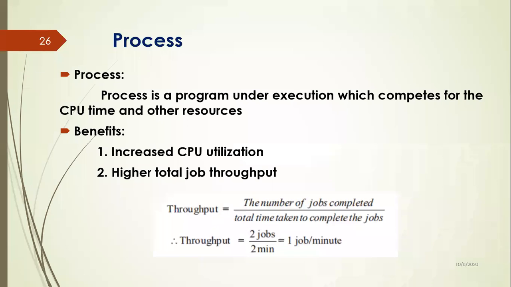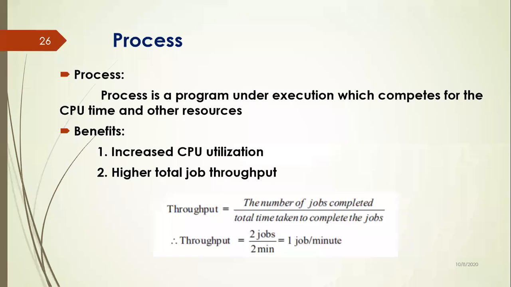Okay, means for example, if one process is running, and during the execution, if it requires some data, or if that process is going to utilize any input output device, then definitely during that time your CPU will be idle. Okay, so if you are using the process management there, then that free time of the CPU will be utilized for another. So it will increase your CPU utilization, and it increases the higher job throughput.